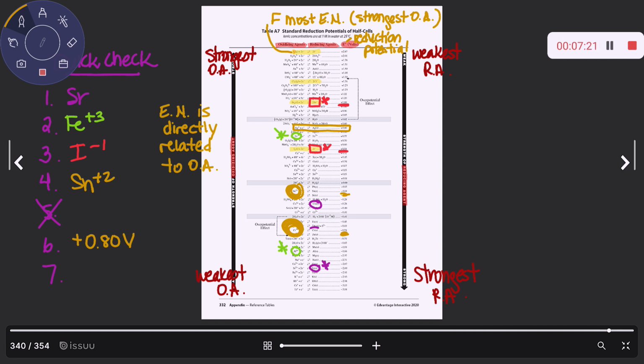And then they want the oxidation potential for calcium. Calcium is way down here. Here's its half reaction. But since they're asking us for the oxidation potential, you want to reverse the voltages when assigning the oxidation potential.